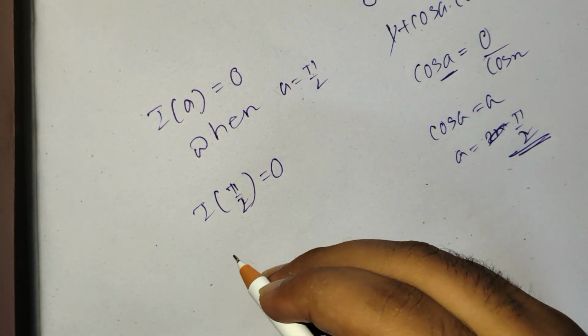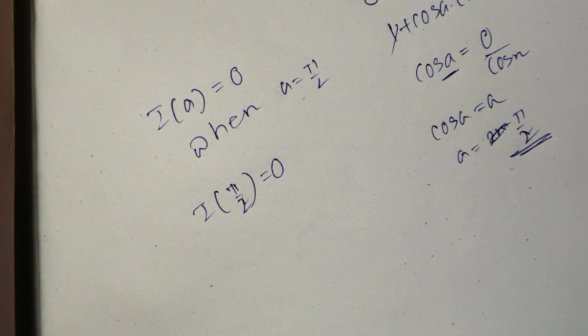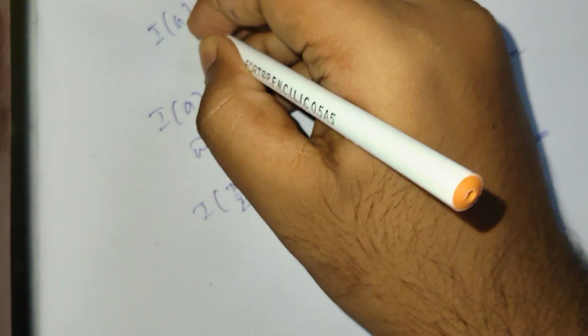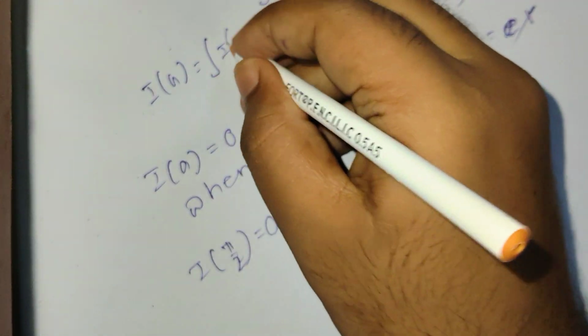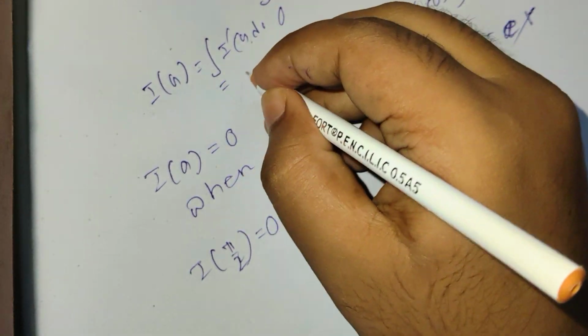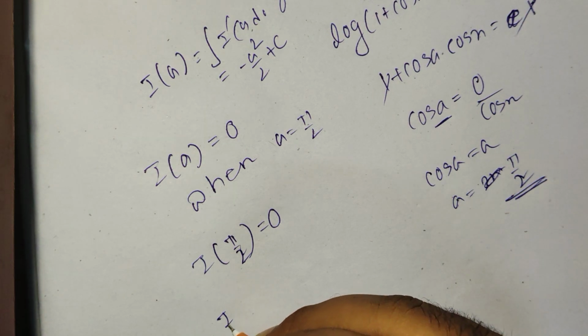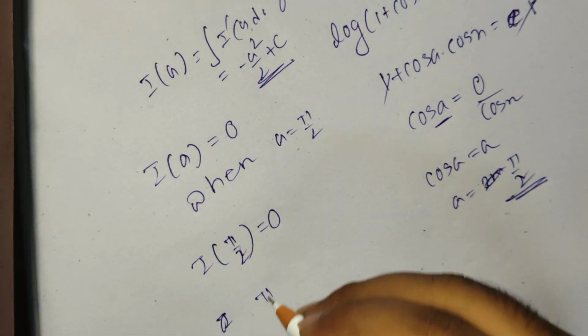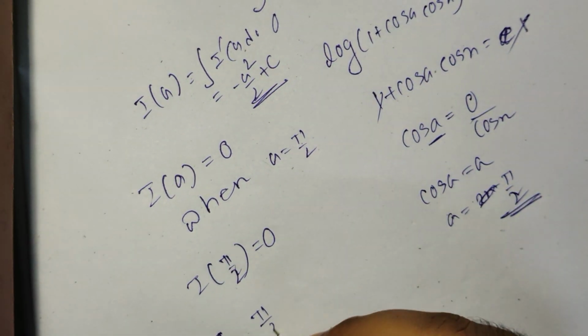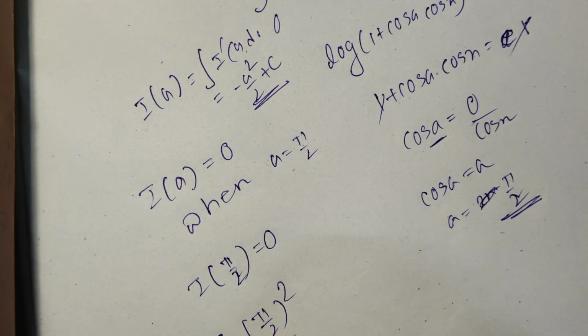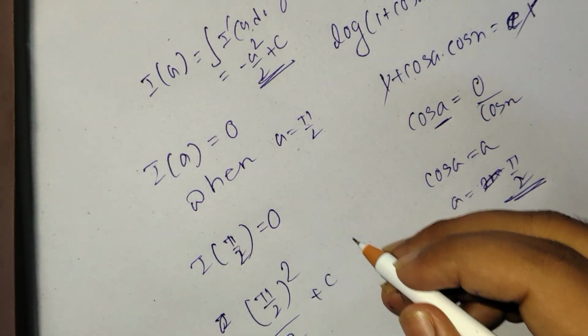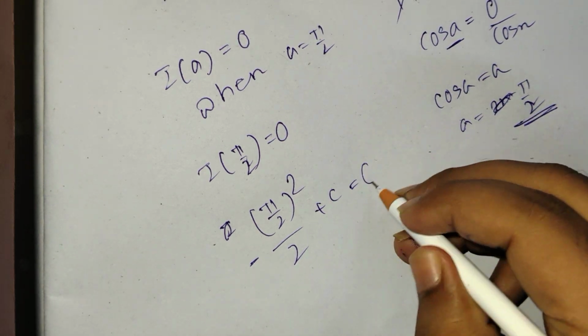Right. Now according to the previous integration which we have solved, that IA is equals to integration of I dash of a dA, and the answer is like minus a square by 2 plus c, right? So we can say that I of pi, we have to replace a as pi by 2, so minus pi by 2 whole square divided by 2 plus c, hopefully it is visible, is equals to 0.